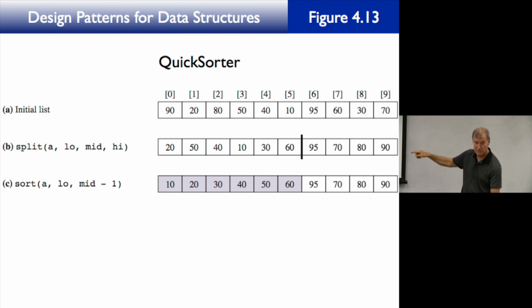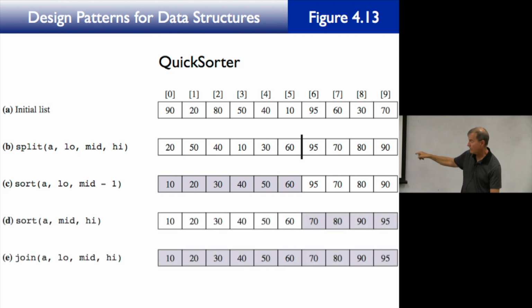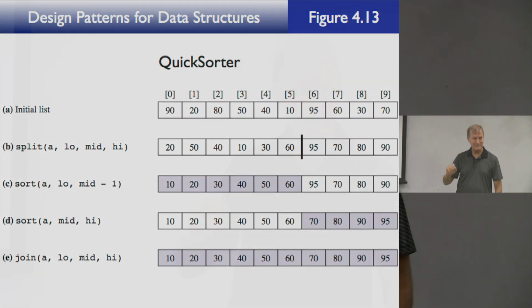And then it sorts between mid and high, and that gives us 70, 80, 90, 95. And now what does the join do? It just doesn't have to do anything. So the code for join is going to be open brace, close brace. It gets called by the sort algorithm, but it doesn't have to do anything. Does everybody see how that works?